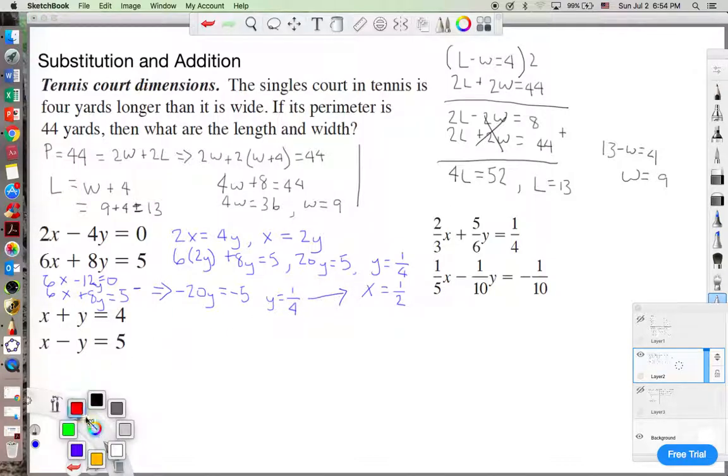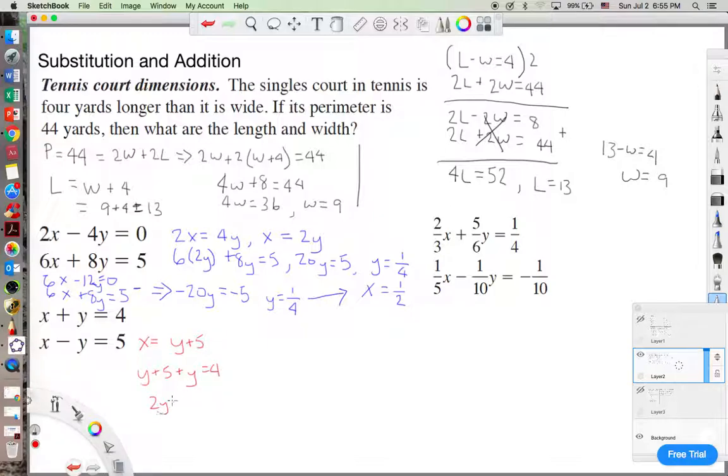Okay. Let's take a look at this next one. Do first the substitution method. If x minus y equals 5, then x equals y plus 5. And so we'll substitute that back into this equation. We go y plus 5 plus y equals 4.